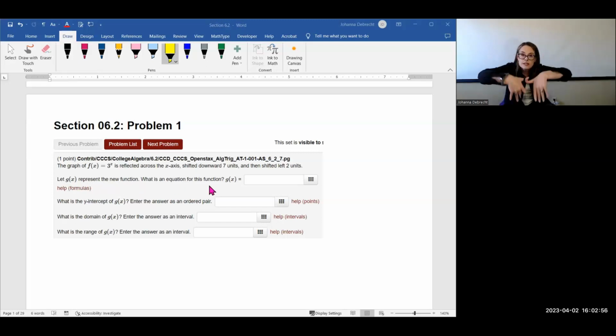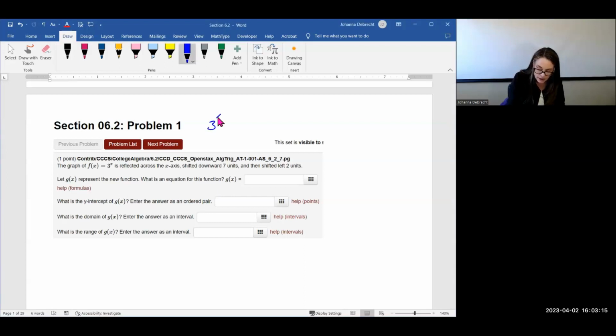To reflect across the x-axis means that you've taken all the positive y values and multiplied by a negative to get it to flip over the x-axis, because you have positive y above and negative y below. So the first thing we did was take our 3 to the x and multiply it by a negative. That is going to change it.